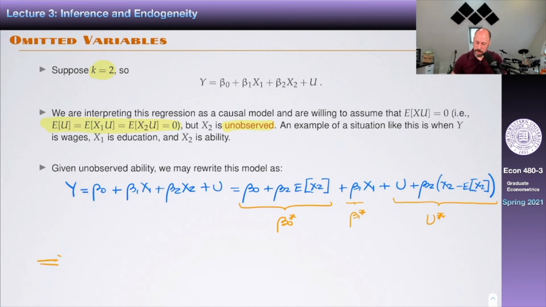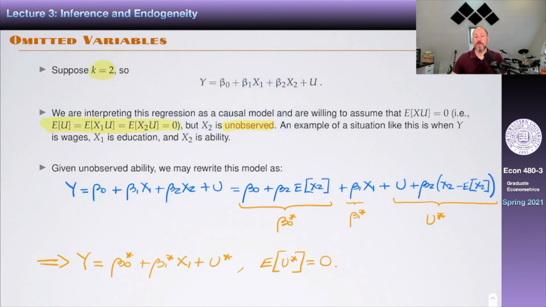So I can write this model as y equals beta 0 star plus beta 1 star x1 plus u star, where we normalize things so that the expected value of u star is 0.